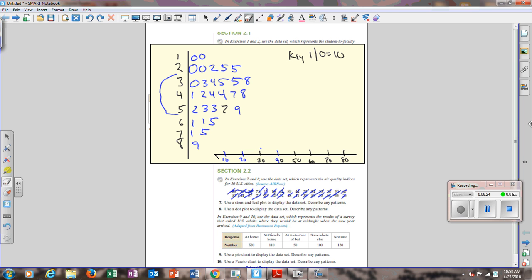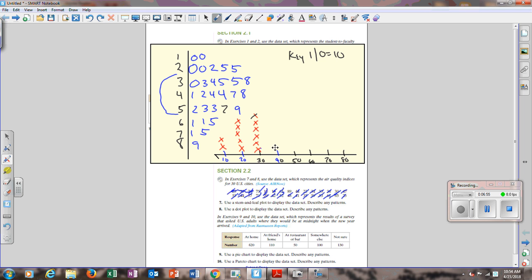Let's start at the beginning. We have two 10s. 20s, we have 1, 2, 3, 4, 5. 30s, we have 30, 33, 34, 35, 35, 38. We can just count them up 1, 2, 3, 4.